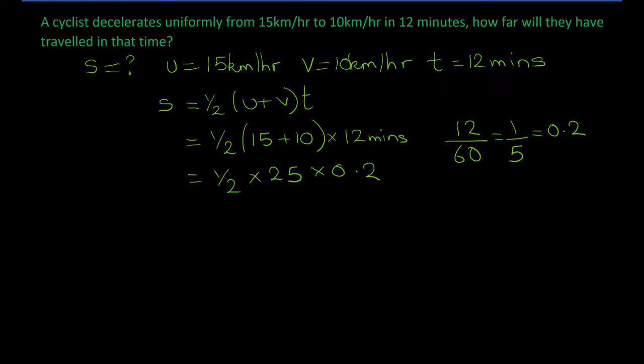Do the easy thing, which is to multiply the half and the 0.2 together to get 0.1. So we've got 25 times 0.1, which is a tenth. So we want a tenth of 25. So divide 25 by 10 and we get 2.5 kilometers. 2.5 kilometers is the distance that he will have travelled.